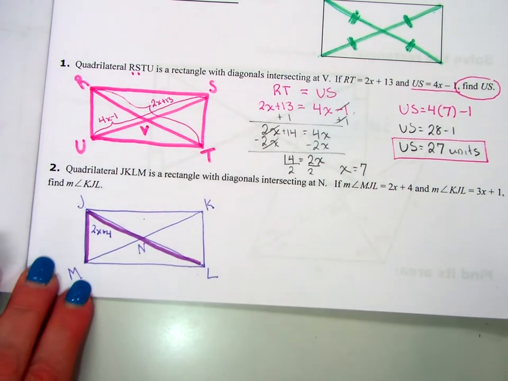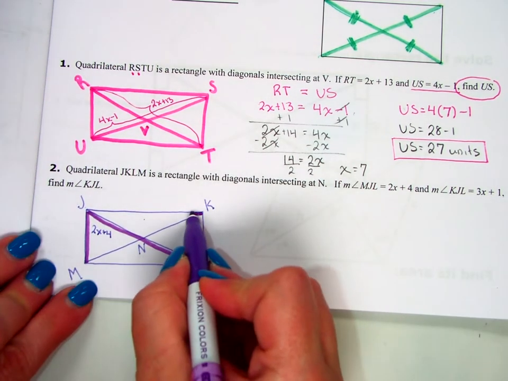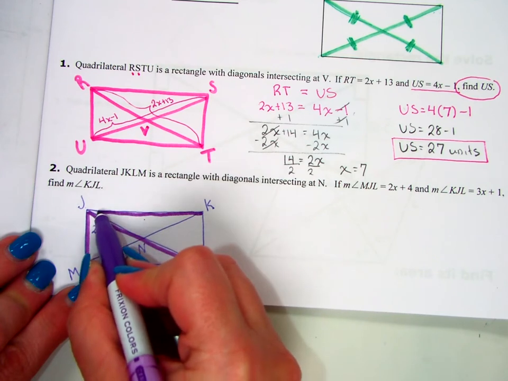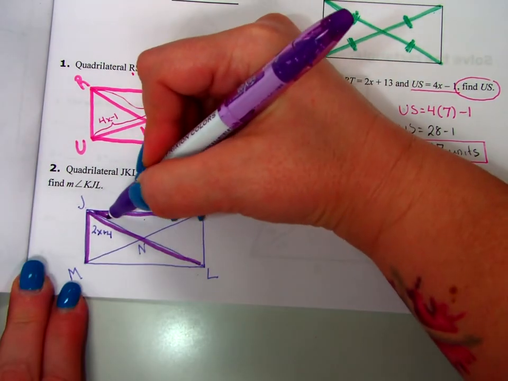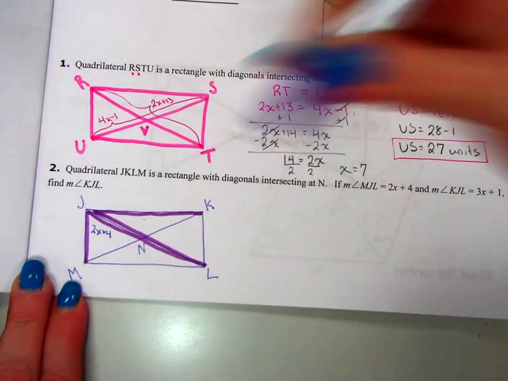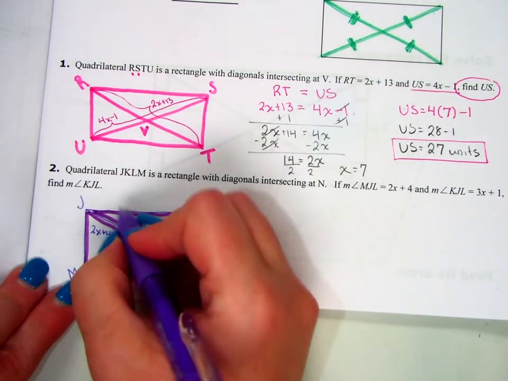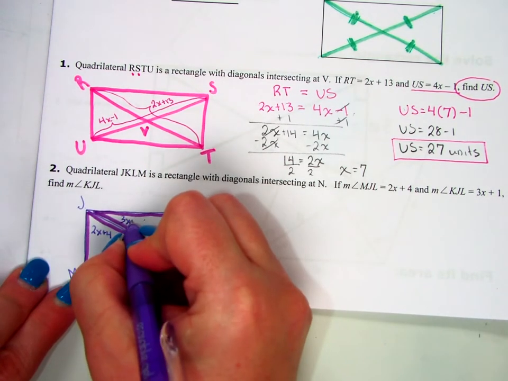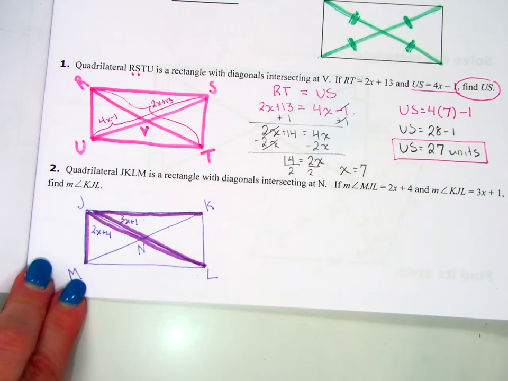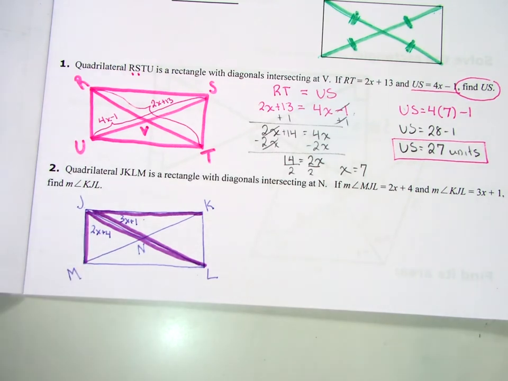And then KJL, that top piece of that angle, is 3x plus 1. We want to find KJL, so find that angle on top, which means I need to find x in order to be able to do that. Okay? What do you think we're going to do with our two expressions?